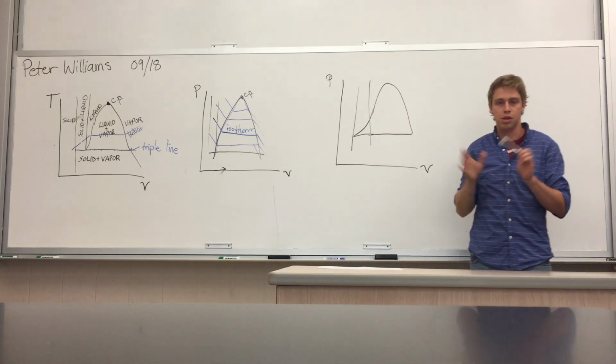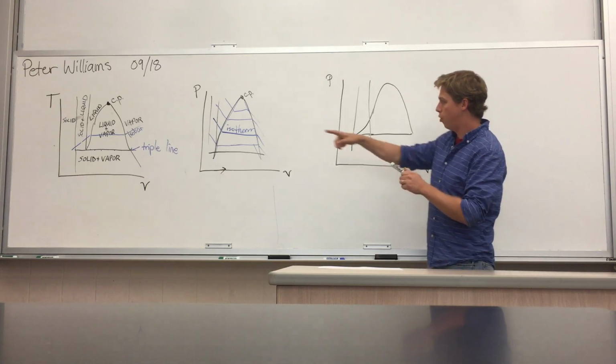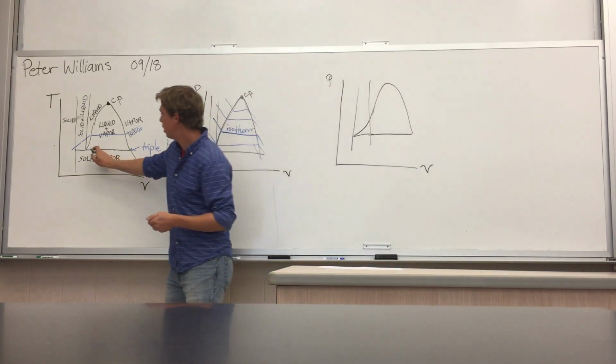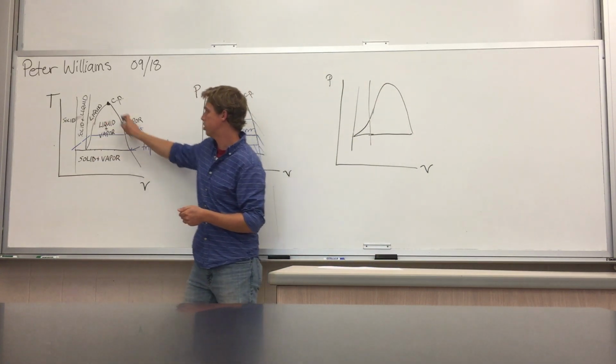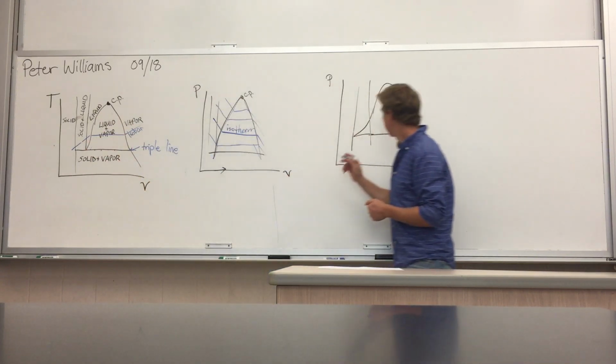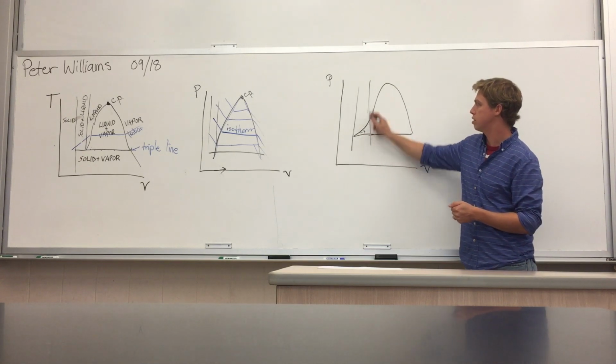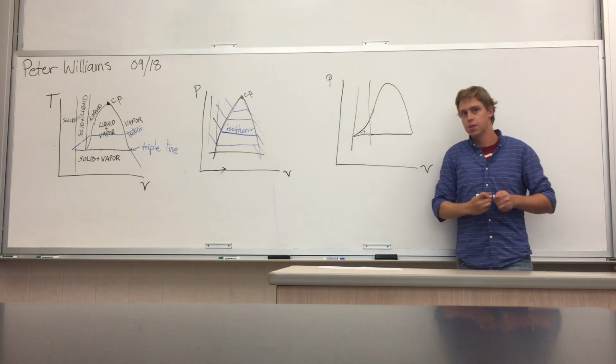And you can imagine those as being straight lines. I'm not an artist, okay? So before, if we were sitting here in the corner of this region, to go to solid, we have to go that way. But here, if we're here in the corner, we can actually still come this way and still be in the solid region.